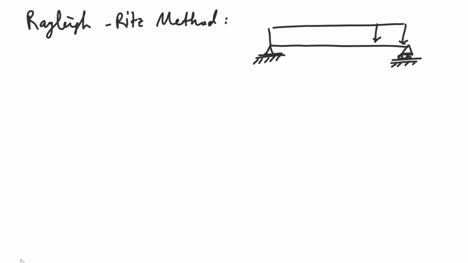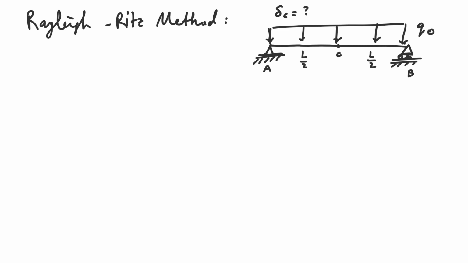It'll be a uniform load, we'll say it's Q naught. We'll call this A, we'll call this B, and let's say we're interested in finding the deflection at point C, which lies in the middle of the two. So that's the question. What is delta C?